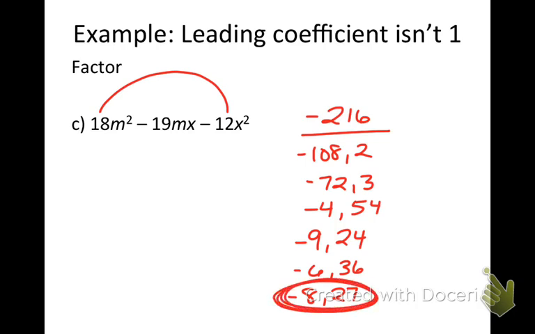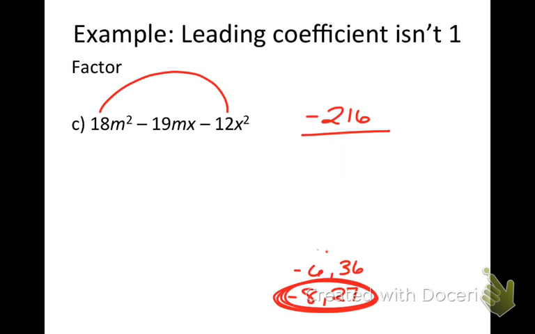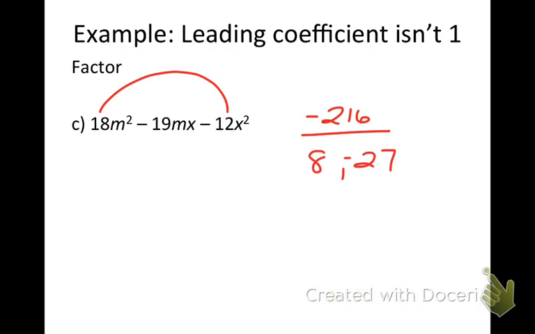Yay, found it. Okay, so 8 and 27. Which one's going to be the negative? 27, because it's a negative 19, right? Okay, so let's make our fractions.